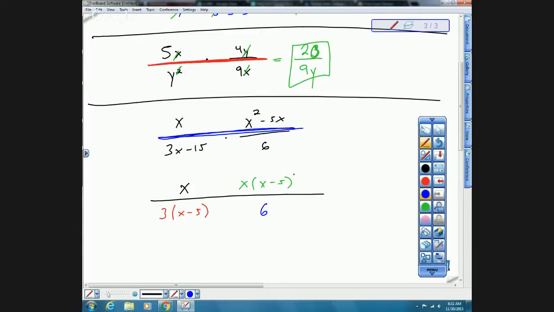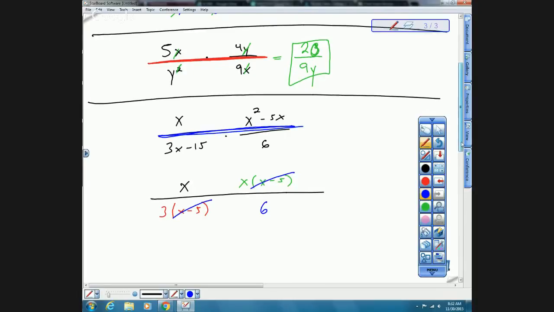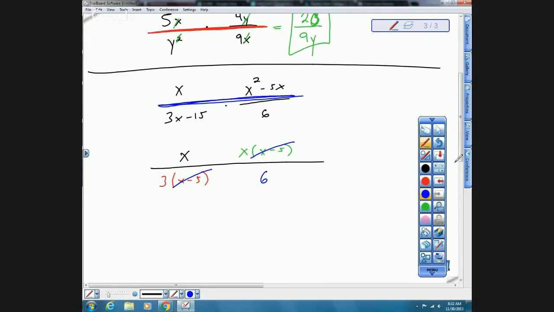So you get x minus 5 and x minus 5 to cancel out. Is that it? That's it. So you have x times x is x squared, and 3 times 6 is 18. So we're simplifying in all 4 spots and then canceling out and seeing what's left over.